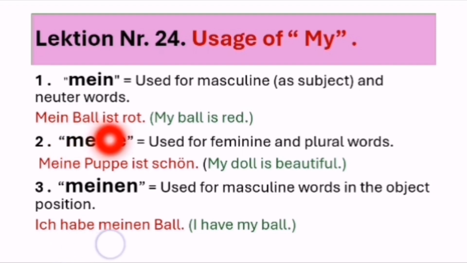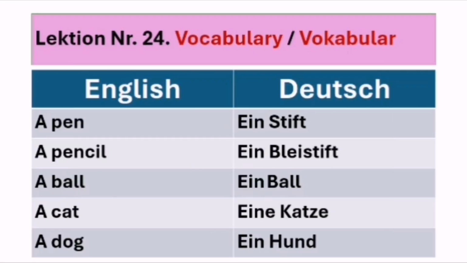Mein Ball ist rot. My ball is red. Meine is used for feminine and plural words like meine Puppe ist schön. My doll is beautiful. Meinen is used for masculine words in the object position. Ich habe meinen Ball. I have my ball.